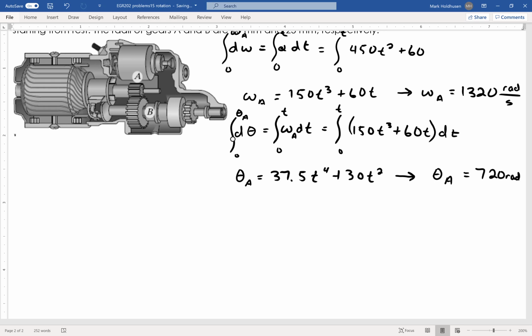Okay, now that I've got the angular velocity, angular position, I'm just going to use that gear ratio to again figure this out. So if I look at the velocity, again, the velocity of the edge has to be the same.